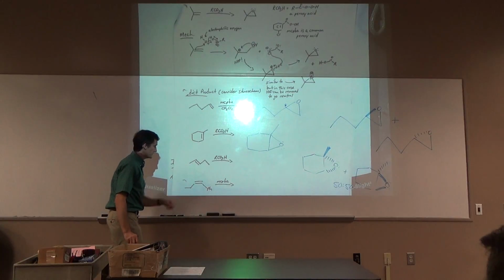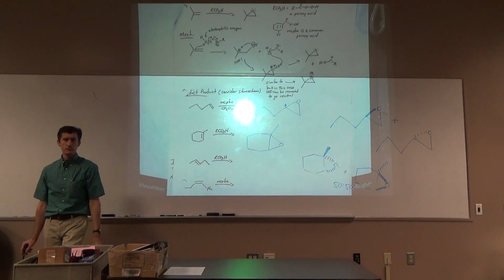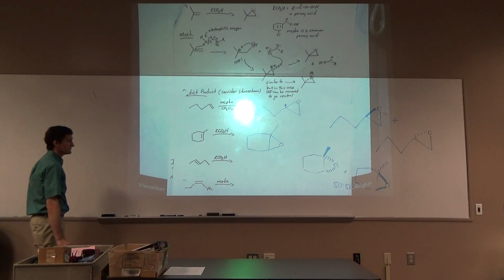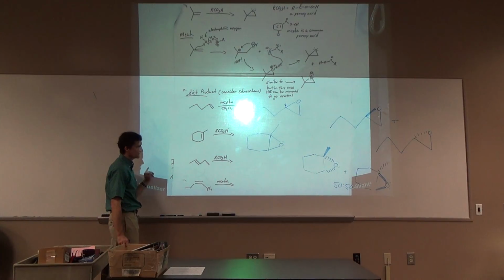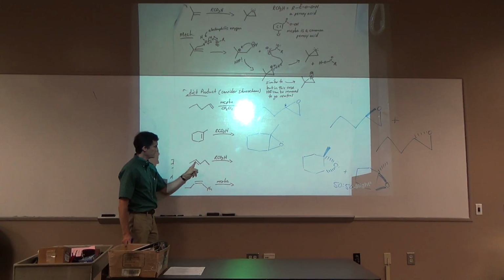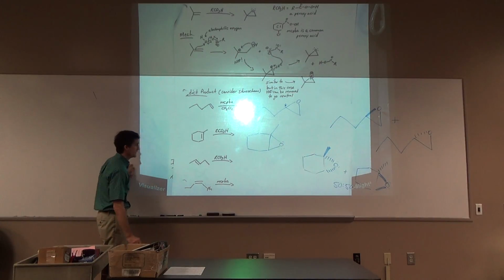Okay, here's 2 others to do. These are a touch more involved because of free rotation. Ultimately, peroxy acid is going to add an oxygen across the pi bond to give you a 3-membered ring.